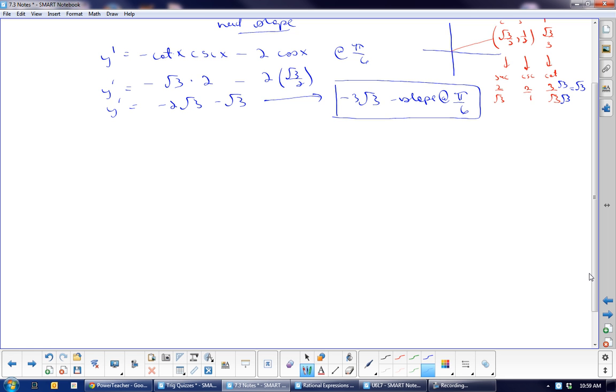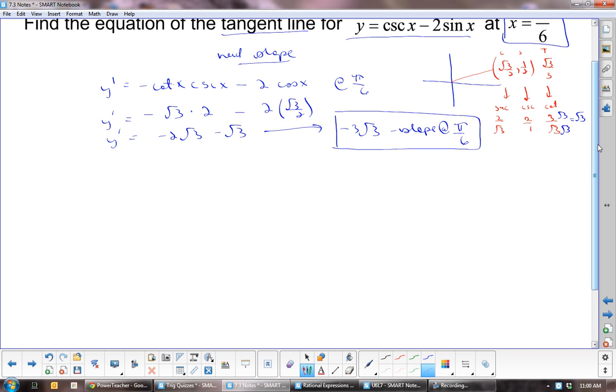Now, if you remember our equation, it's y minus y1 equals m, which is slope, times x minus x1. We know x. We know my slope. I don't know y1, okay? But we can figure out y1 by our main equation. So this was the slope. We need y at pi over 6.